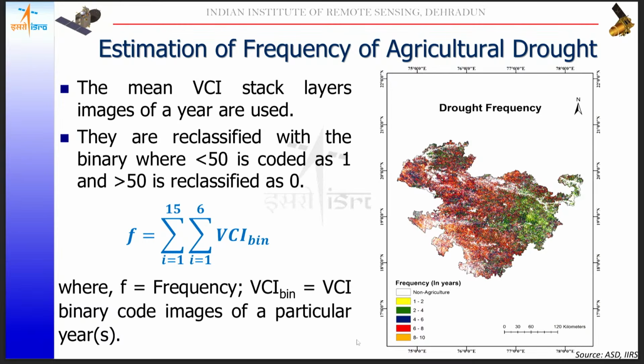Because the results are spatio-temporal and raster based, you can get this understanding in a more detailed manner, even at block level or group-of-village level, showing which area was more affected by recurrence of drought conditions. As you can easily see, the southwestern part, and generally the western part, including Beed, Latur and parts of Parbhani, were severely affected by drought conditions, clearly defined in the frequency of agriculture drought.